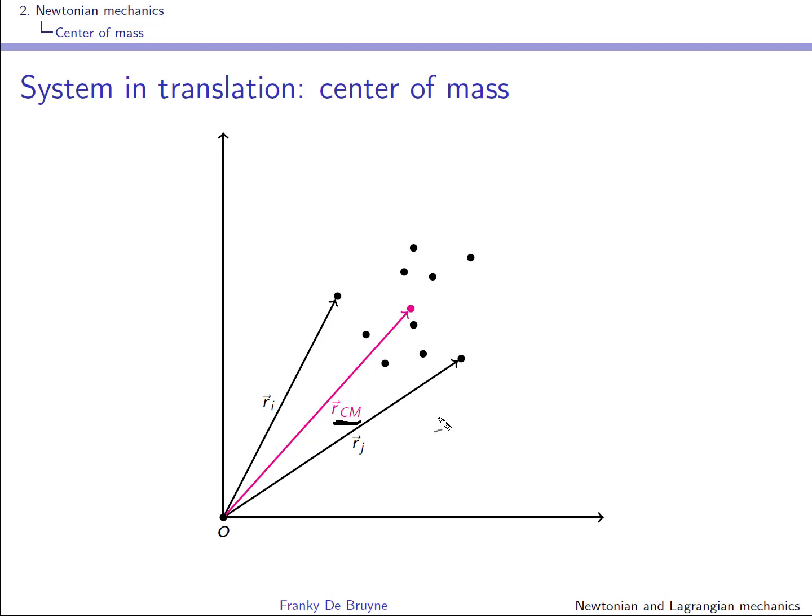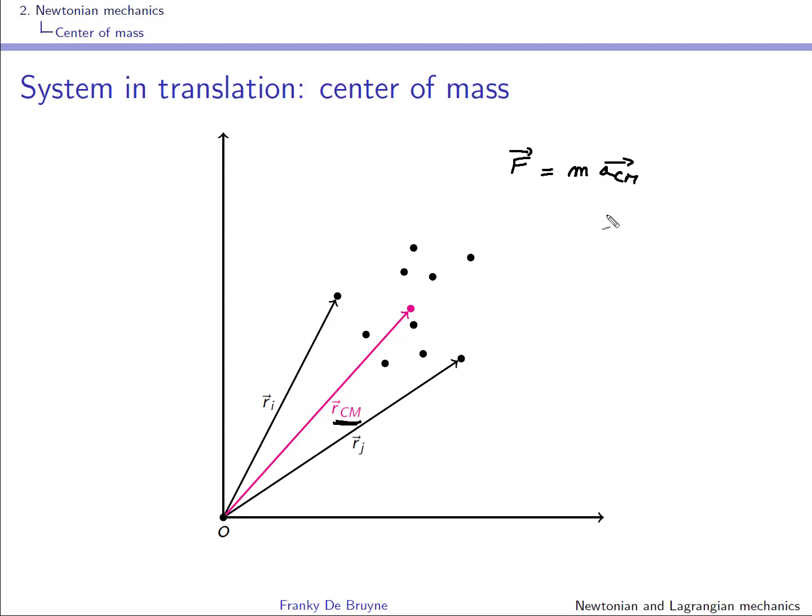And we have seen that you can write the second law of Newton. So the net force is equal to m times the acceleration vector of the center of mass.